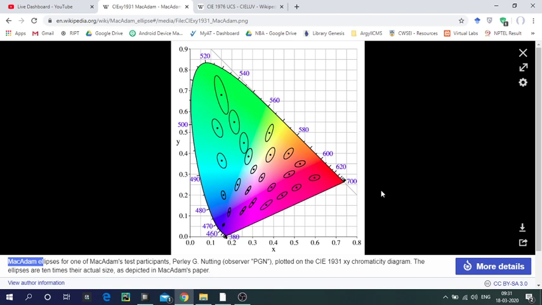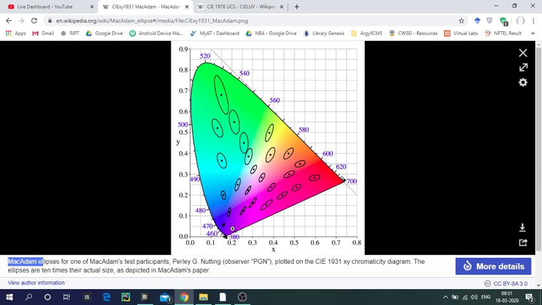The second disadvantage is that there is no uniform perception. Let me rephrase that. Equal distances between colors in this chromaticity diagram do not ensure equal differences in perception of that particular color. Why do I say that?